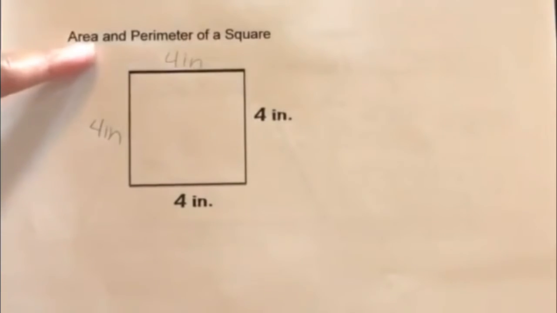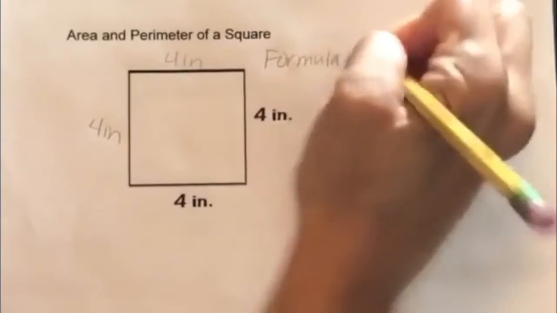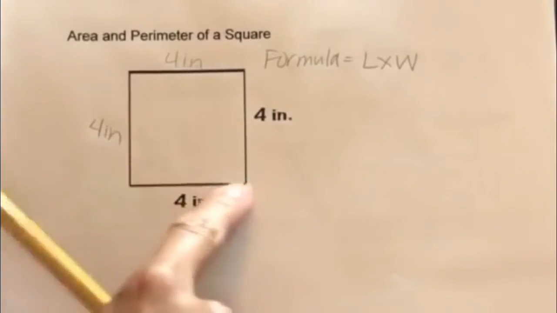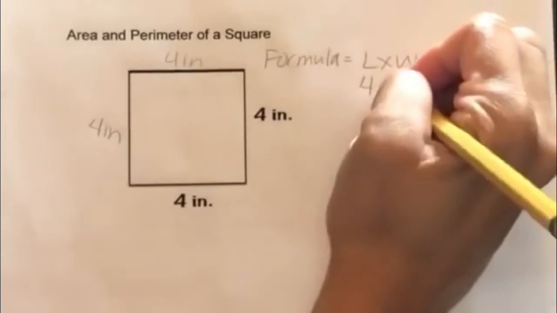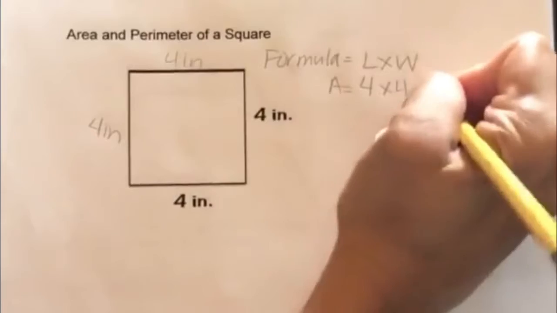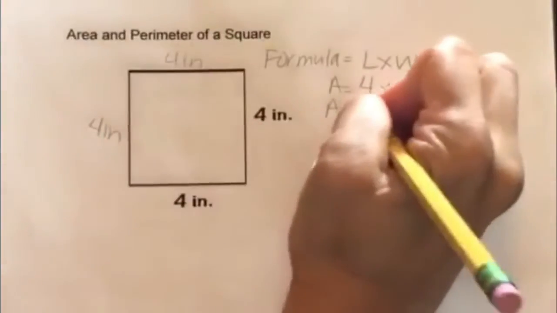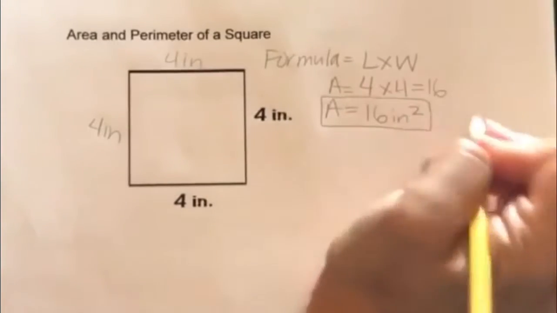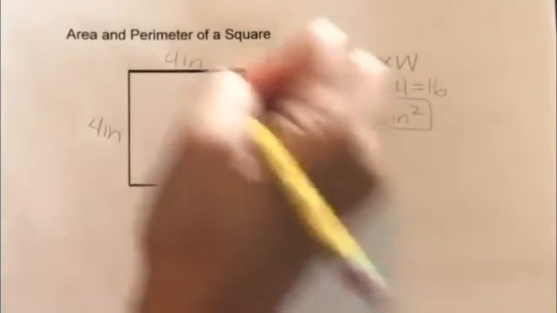Remember that the formula for the area of a square is length times width. So the length is going to be how long it is, so it's 4 inches, times its width, which is also 4 inches. And 4 times 4 is 16. So the area of this shape, or this square, is 16 square inches. All right, for the perimeter, we need to add all the sides.